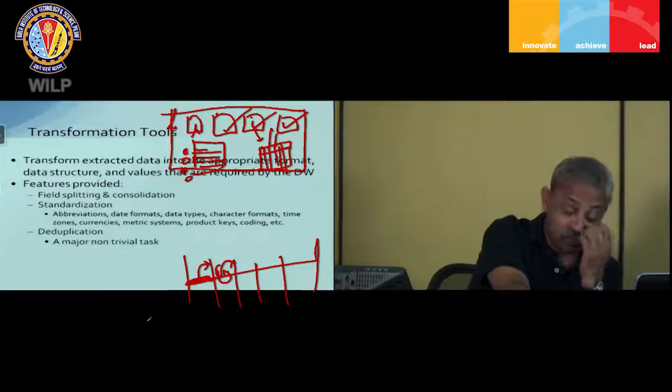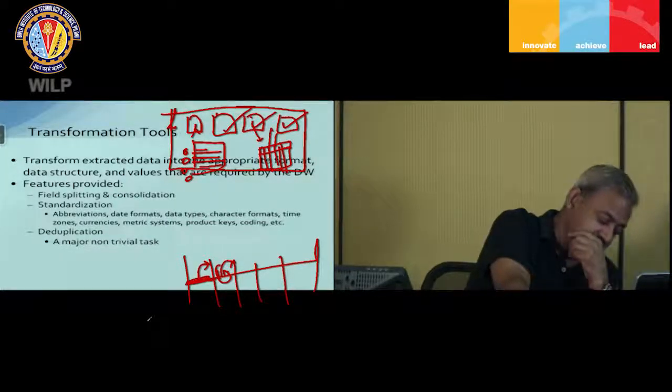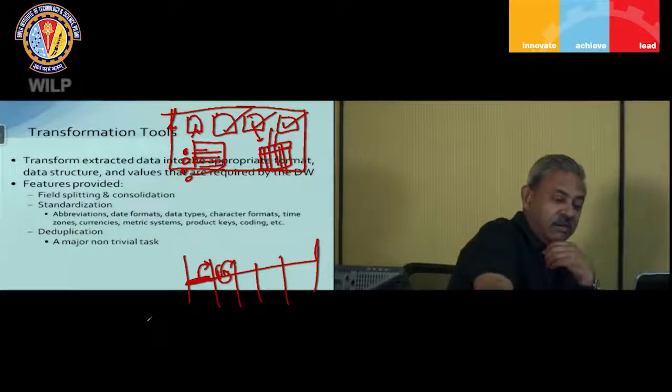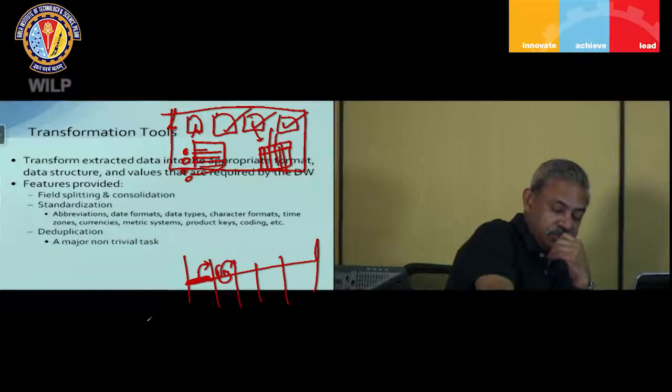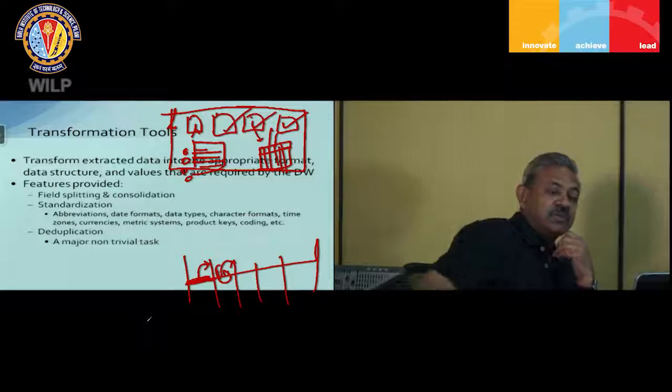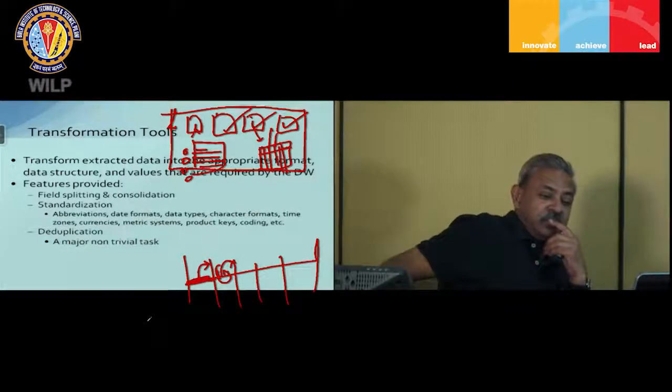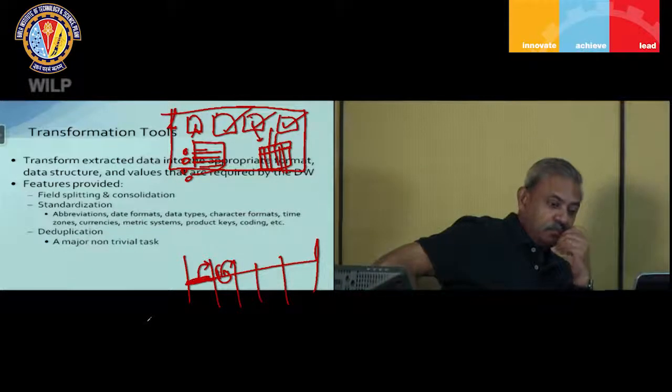There are lots of tools that do that, and most of them are different from each other in terms of what features they provide, but they have a commonality in a lot of features that should be part of any transformation tool. So transform extracted data into the appropriate format, which in our case is the dimensional model, data structures and values that are required by the data warehouse, right?